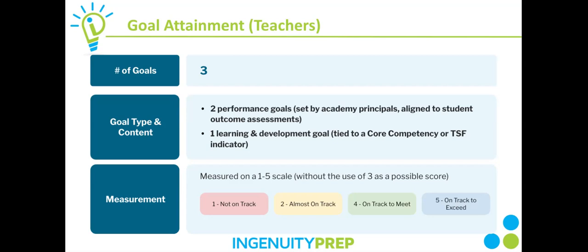Teaching roles have learning and development goals as well. Learning and development goals are set collaboratively between teachers and their manager and should be tied to either an indicator from the core competencies rubric or an indicator from the teaching strategies framework. Similar to leaders and non-instructional staff, goals are scored on a 1 to 5 scale with no 3.